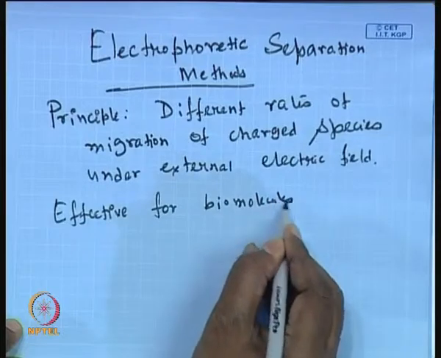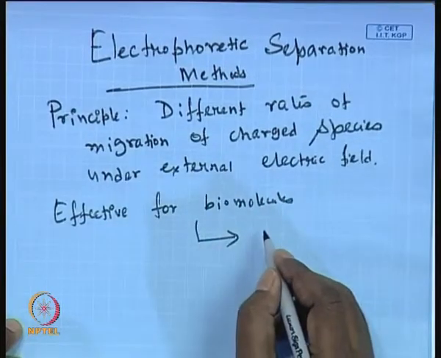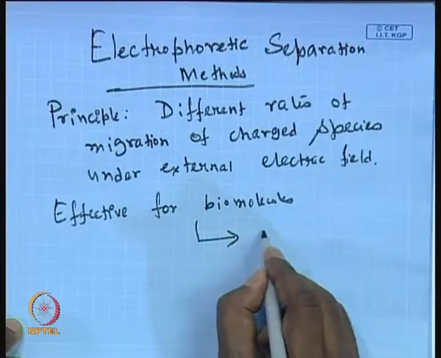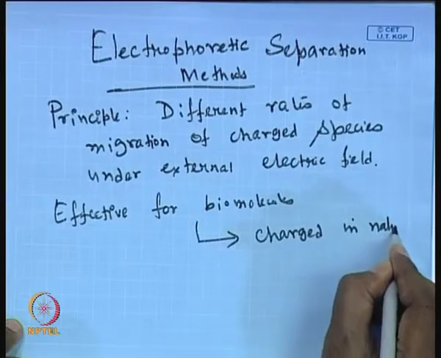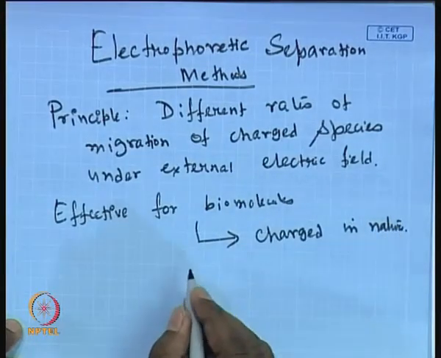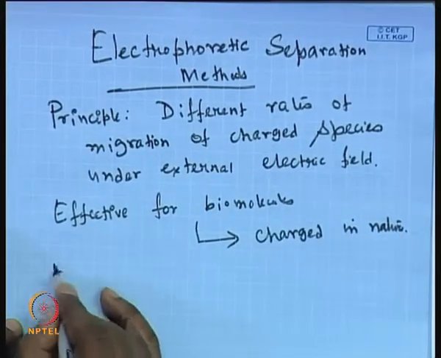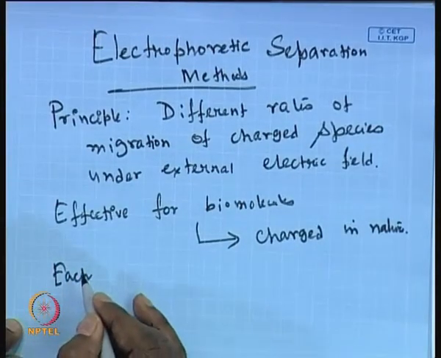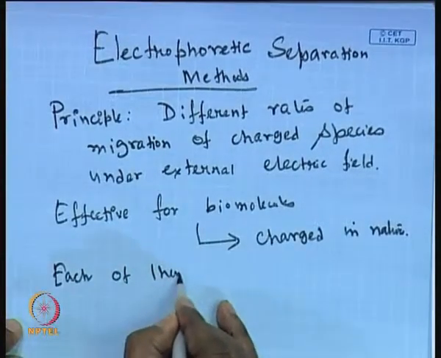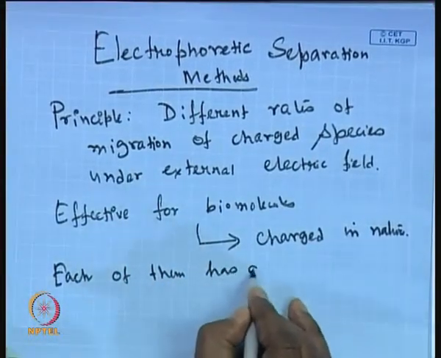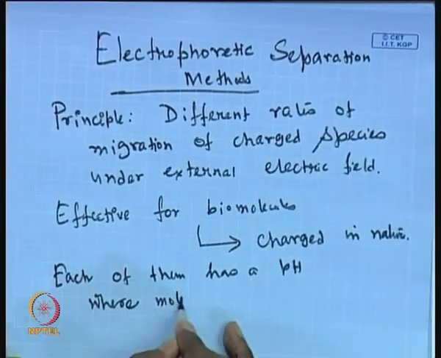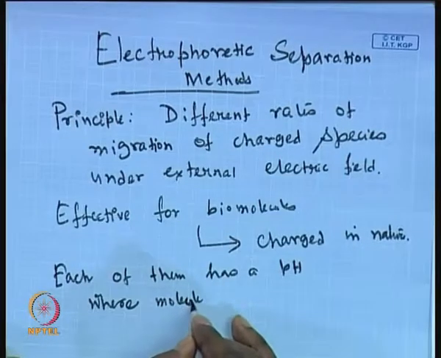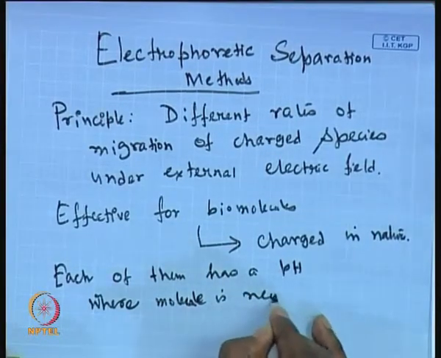Why is this effective for the biomolecules? Because most of the biomolecules are charged in nature. Each of these molecules has a characteristic pH where the molecule is neutral.